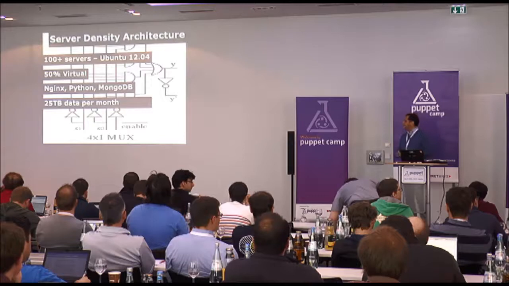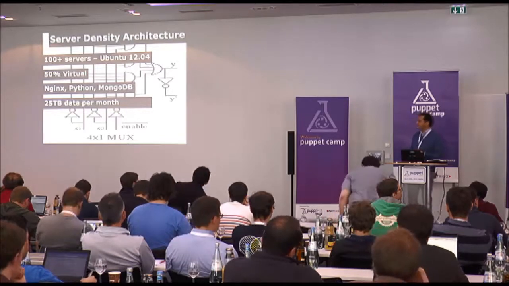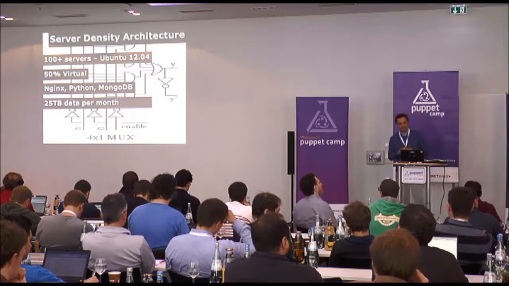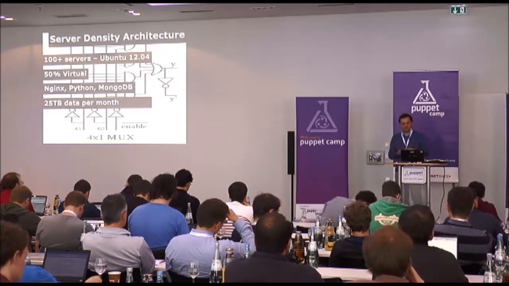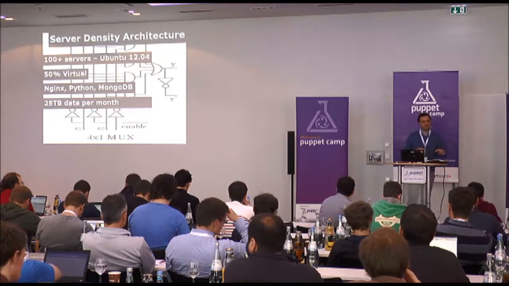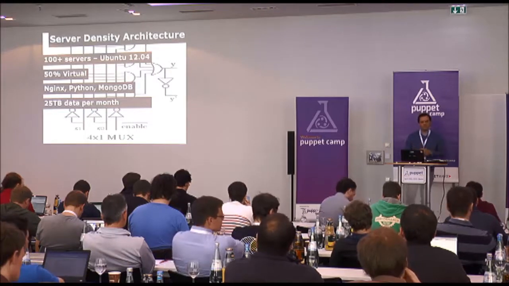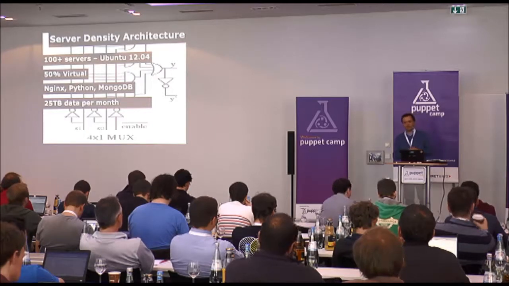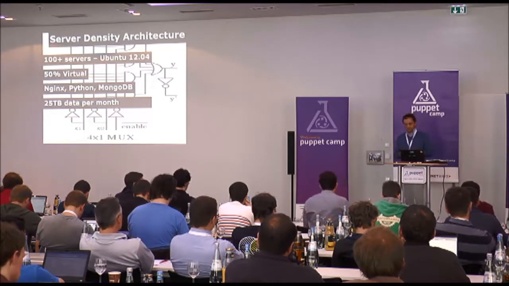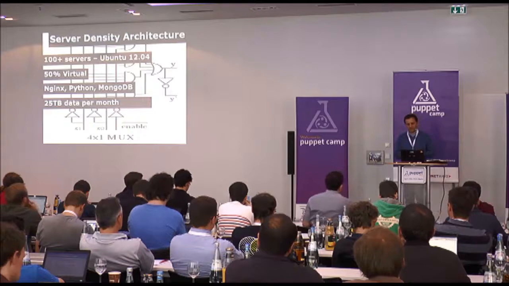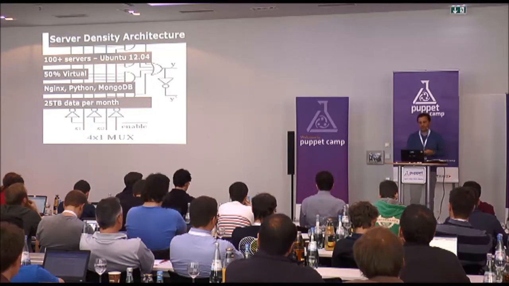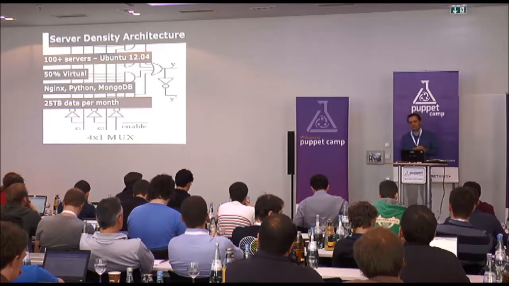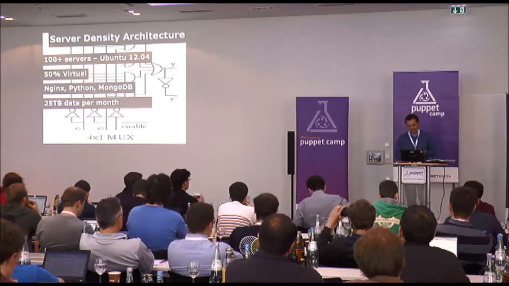We move about 25 terabytes of data per month. This data comes from every server that our customers have, which post back every minute. So every minute we have thousands of postbacks from every single server, from every single customer, coming into our infrastructure, so that we can alert you if the load is high, if the server stopped responding, if your service is slow, and stuff like that.